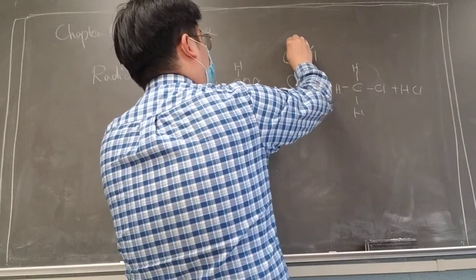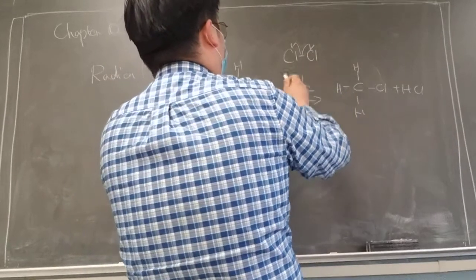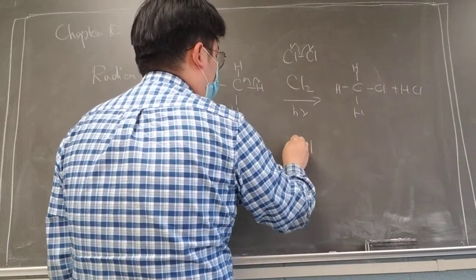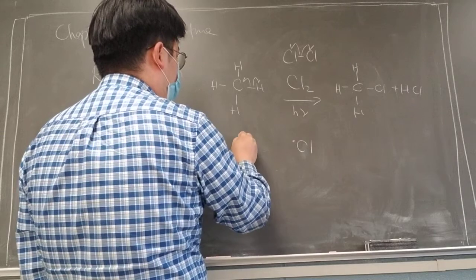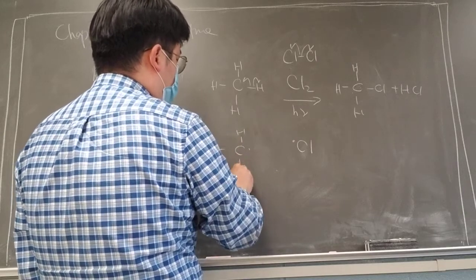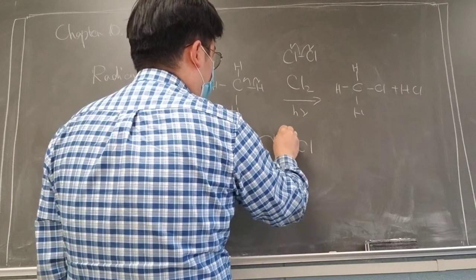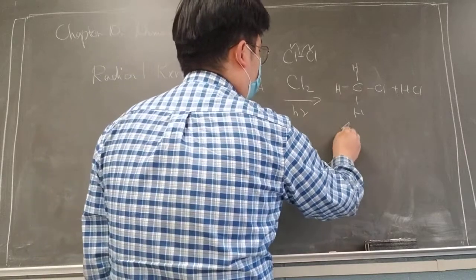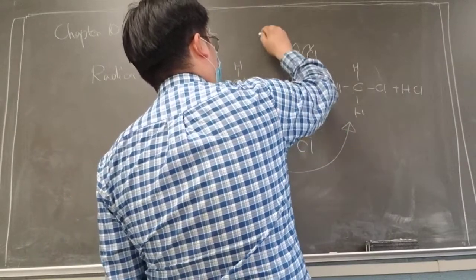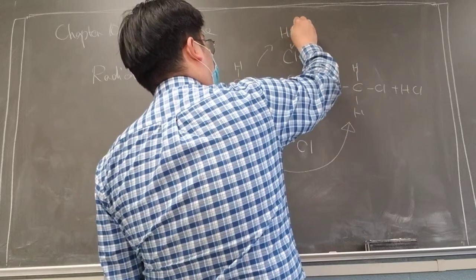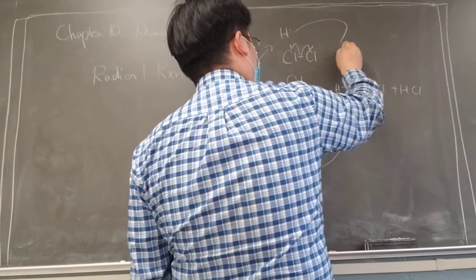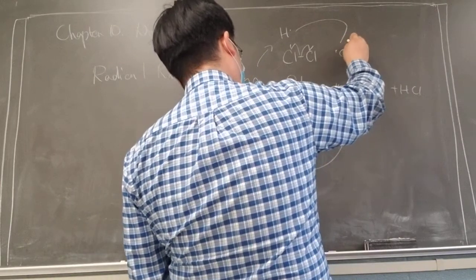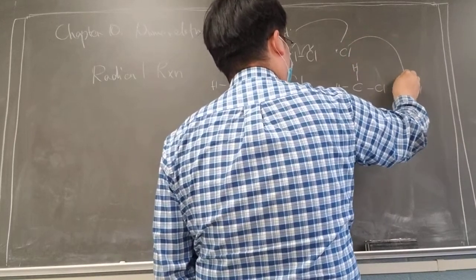Later, this one becomes a radical and this also becomes a radical, which are quite unstable. So a hydrogen radical comes to one of them, and a chlorine radical comes to this one.